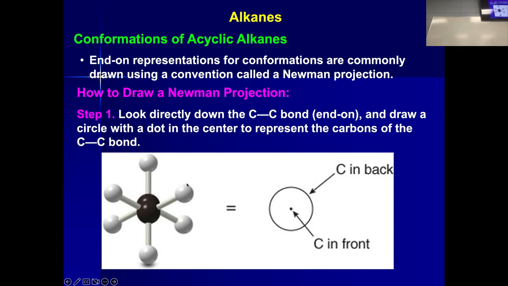But I think you all will agree that that is different than that. So they have the same constitution, that is how they're connected, but how they are in three-dimensional space is different. And so when we're talking about how things rotate around carbon-carbon single bonds, we call these conformers. So this is a different conformer than this.